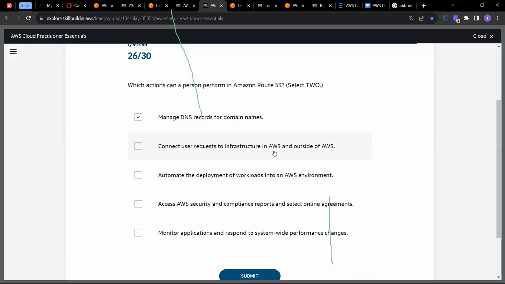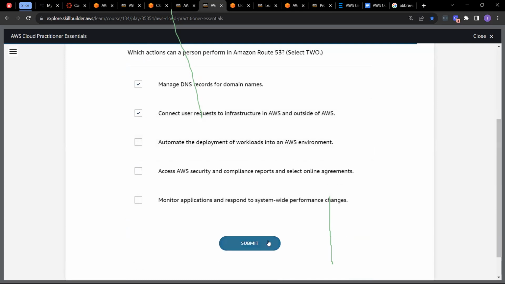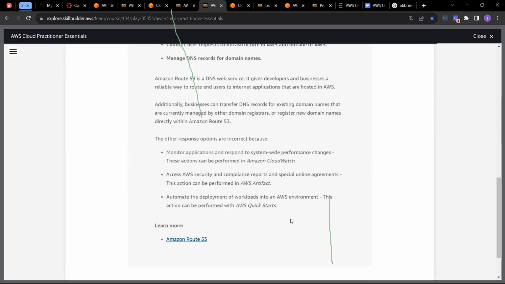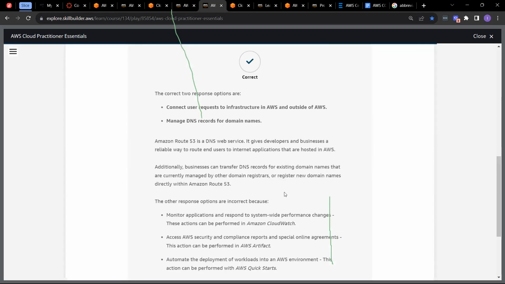Connect request. Okay, so transfer existing domain names that are currently managed by other domain registrars or register new domain names directly within Amazon Route 53. Okay.